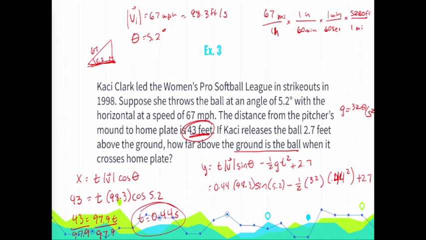So 0.44 times 98.3 times sine of 5.2 is 3.92, and 16 times 0.44 squared is 3.10.